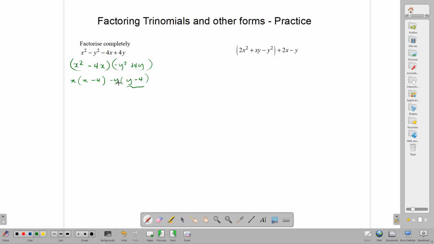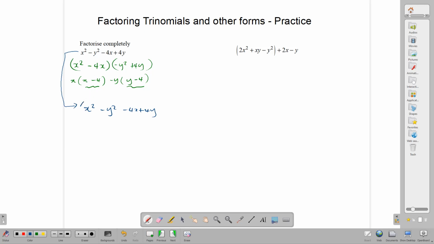We check our brackets, and you realize that we have a problem. The brackets are not the same, and we have not made any mistakes. That is an indication that something is wrong with the method of factoring. So let's look at it again. Rewriting the question, x squared minus y squared minus 4x plus 4y cannot be completed by using grouping.